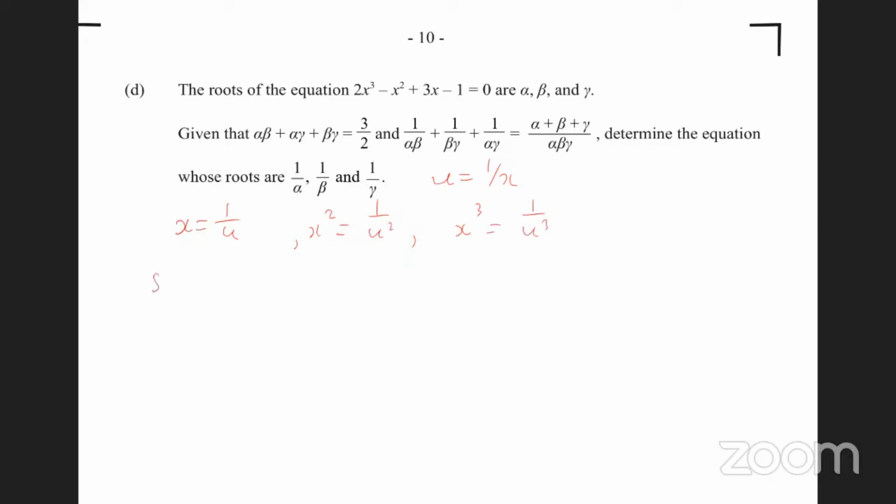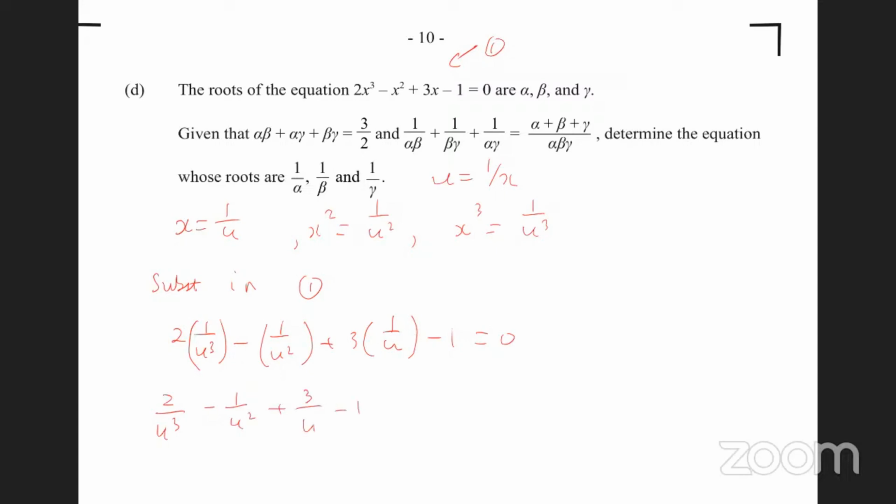So I'm going to substitute in equation 1 here. So I'll get 2 by 1 on u cubed minus 1 on u squared plus 3 by 1 on u minus 1 is 0. So I'll get 2 on u cubed minus 1 on u squared plus 3 on u minus 1 is 0. Right?